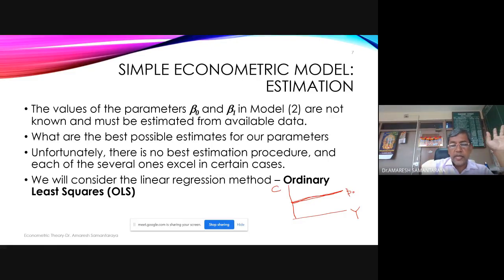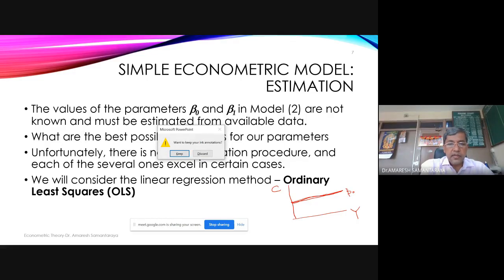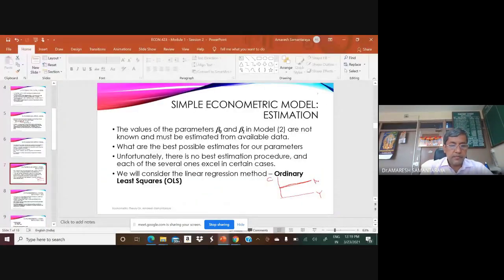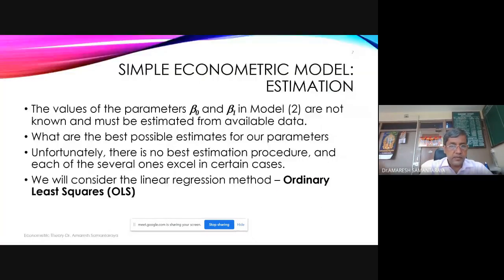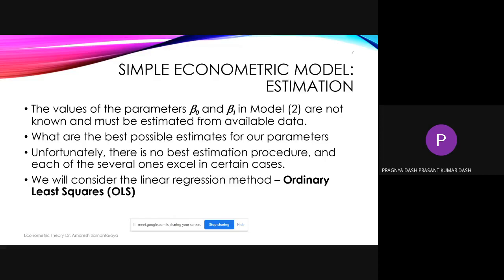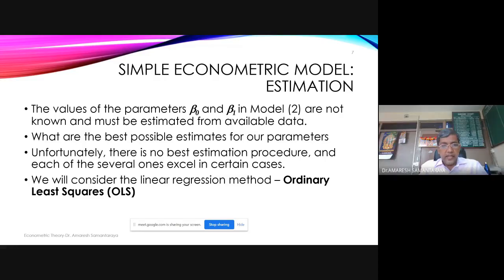Although in terms of economics, this doesn't appear to be intuitive, of course you can have these possibilities, which can be an exception. Is it clear? Thank you, sir. Any other question, or do you want any additional explanation?